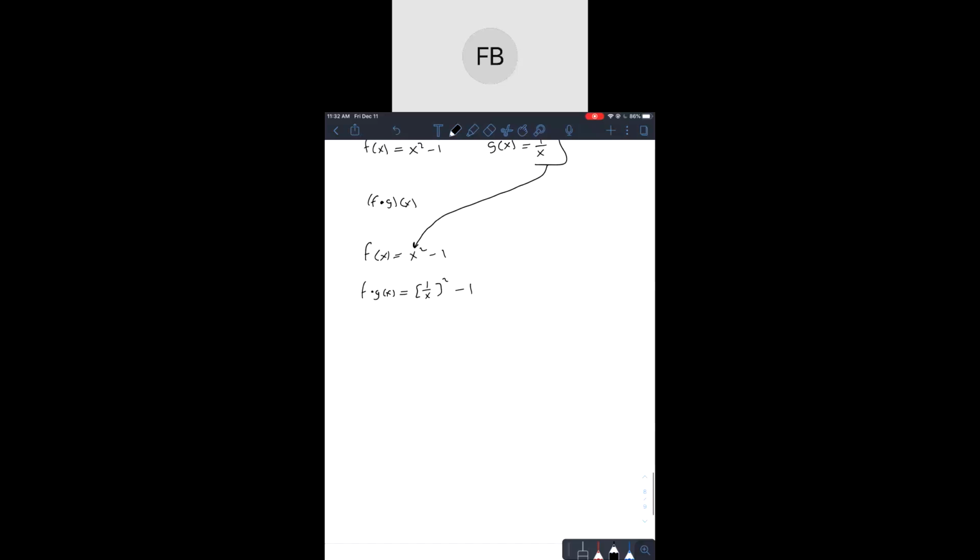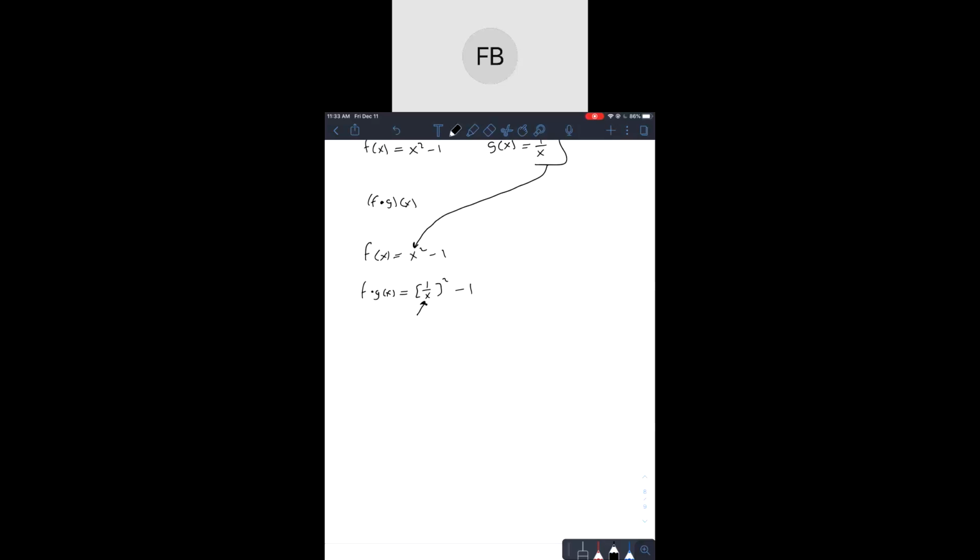Let's do g of f now. Oh, also quick question. What is the domain of this equation? Domain means x values. Negative infinity to positive infinity. Well, remember what I said about 0?